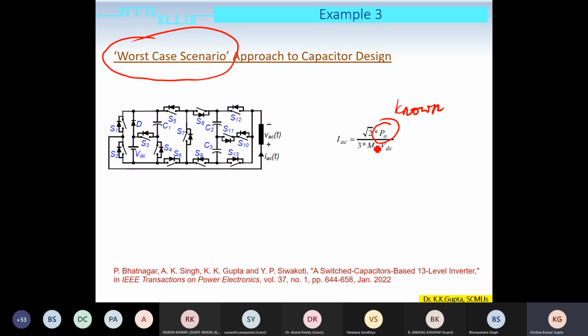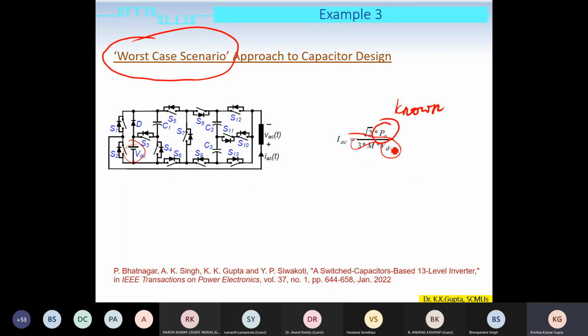Based on the output power, we can calculate the current, right? So output power divided by the voltage. So the output voltage that we get in terms of the input, as I told you, we are able to achieve a boosting of 3 here, right?